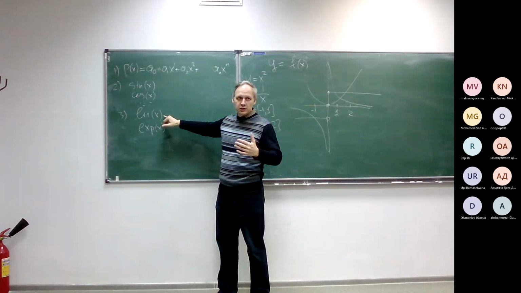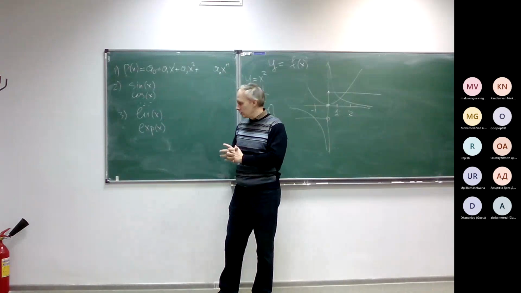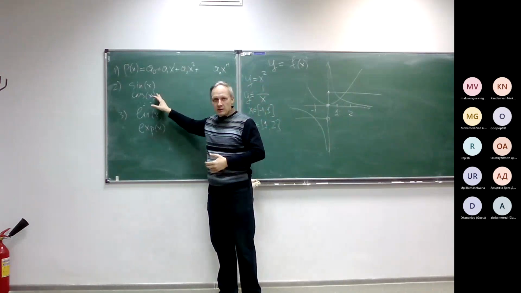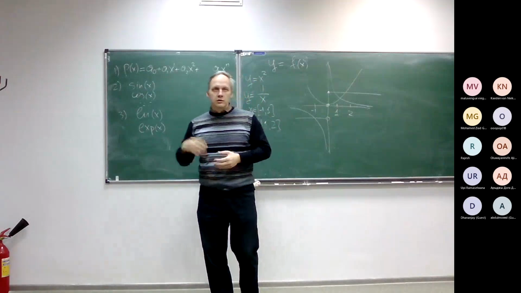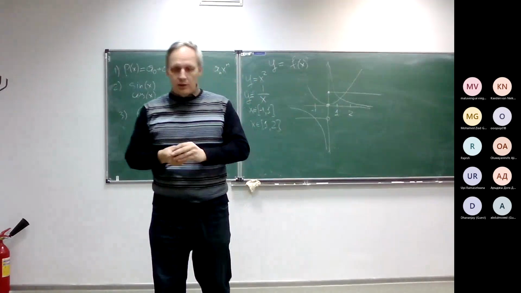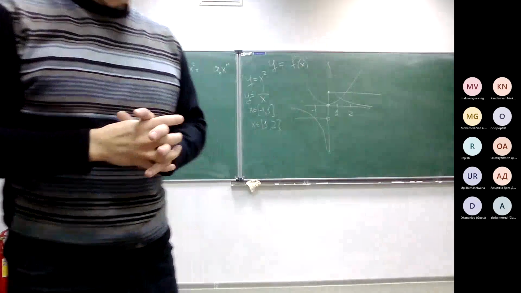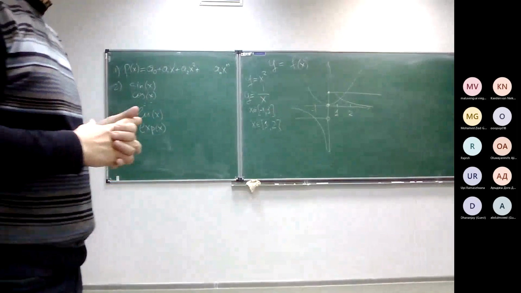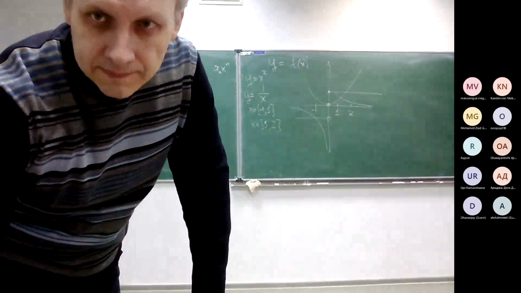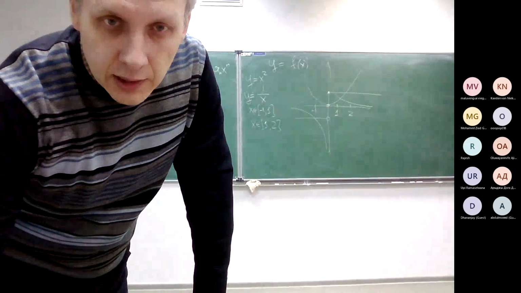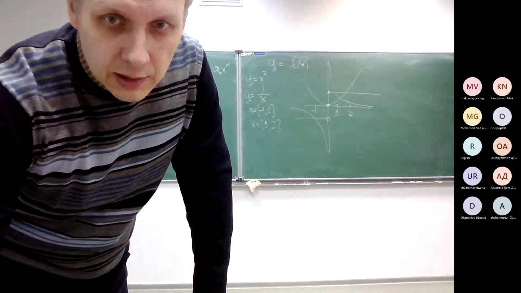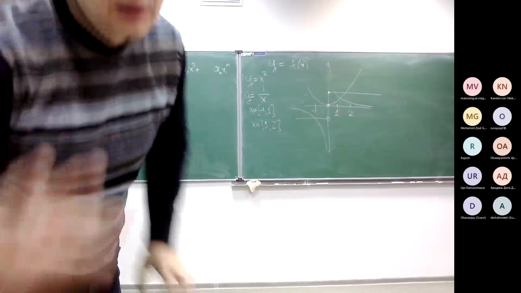Logarithm is not continuous when it includes zero. Maybe some trigonometric functions are discontinuous, tangent, cotangent. But we will consider very simple functions like sine, cosine. Now we have reviewed the classes of functions.